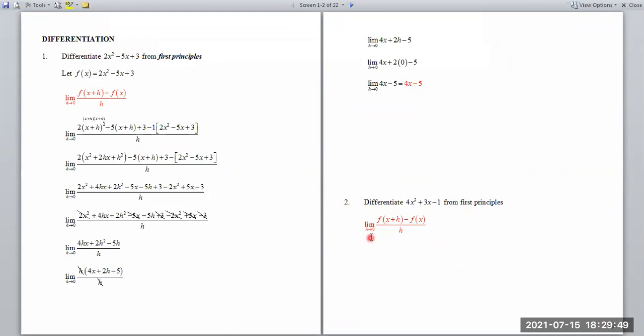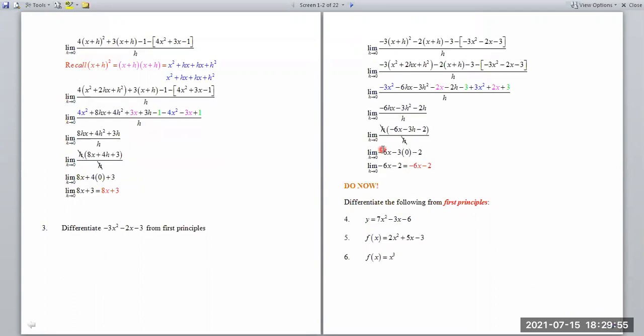The formula is the limit as h tends to 0 of f of x plus h minus f of x, all over h. Anywhere you see that increment is where you're going to be adding your h. Every time you call an x, you are going to put an h beside it.